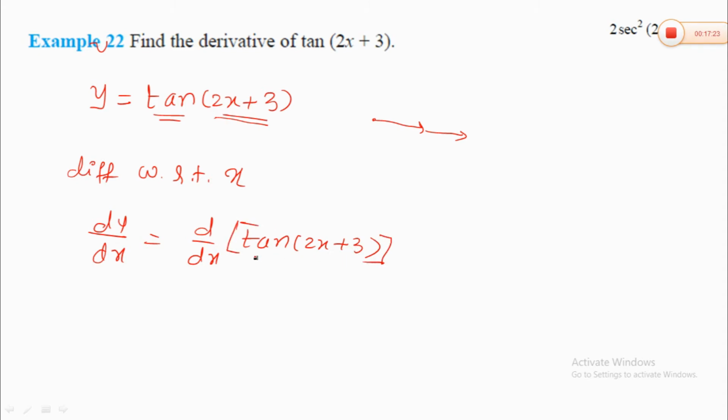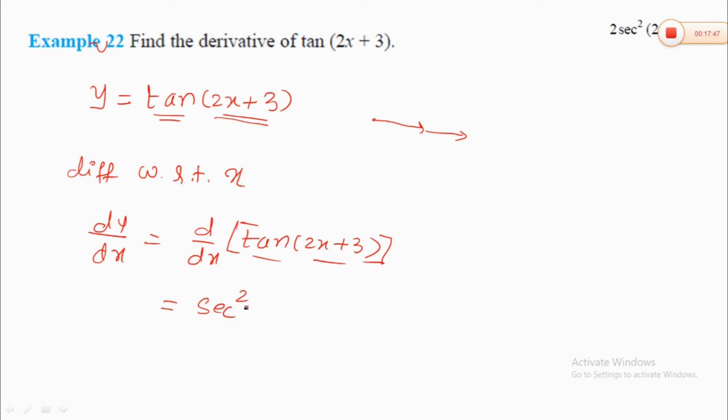So there are two functions, tan and 2x plus 3. Observe here, first we come across the tan. Therefore the derivative of tan, we know that the derivative of tan is sec square.